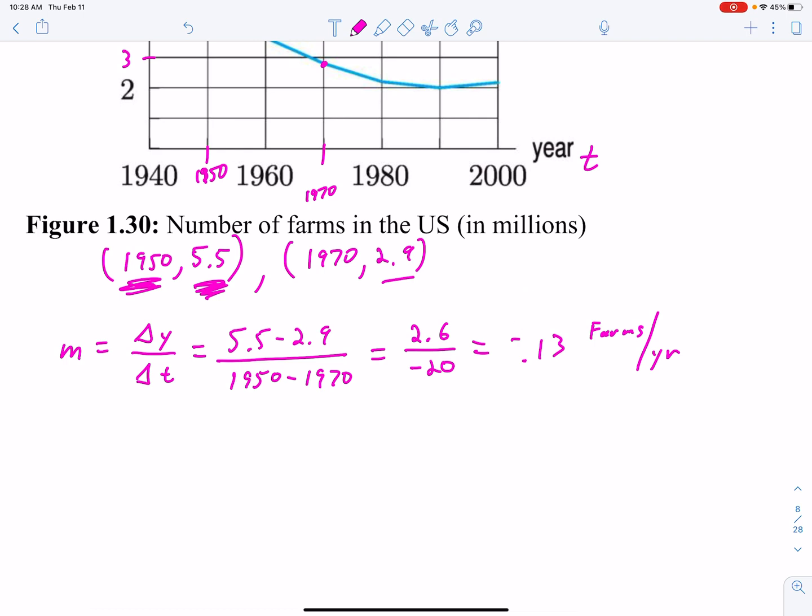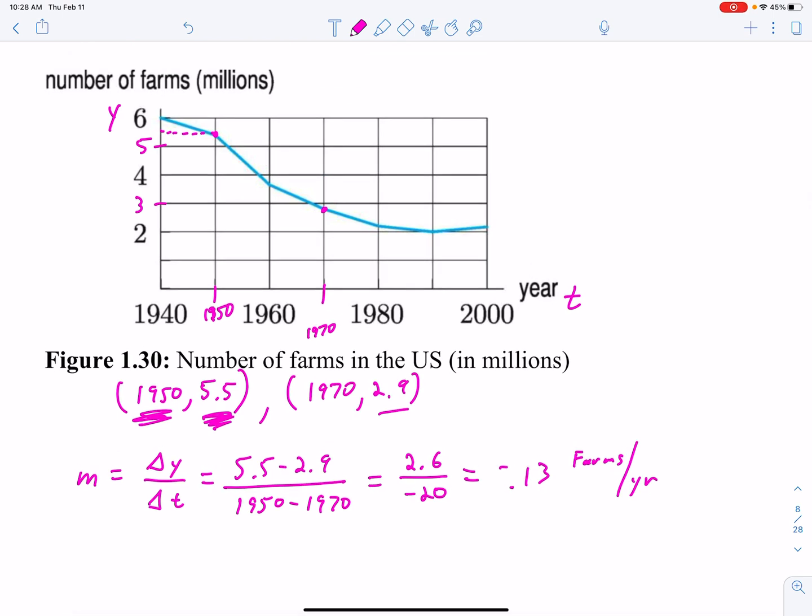So they're saying there's negative 0.13 farms per year. In other words, they're losing approximately 0.13 farms per year. Okay, and it's an average rate of change. Of course, you either lose a farm or you don't. You can't say you lost a fraction or a decimal of a farm. That doesn't really make sense, but it's just to show what's going on. It's to show trends. Okay.